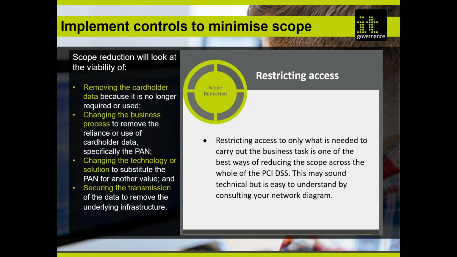One method of ensuring the minimal level of access is to look at the inbound and outbound traffic separately and ensure that, for example, with databases, where they get the information from, do they require outbound channels and inbound channels to move that data around? And it might sound very technical, but it's easy to understand when you have your diagram and you refer back and you can map and push through and see where cardholder data is flowing through.